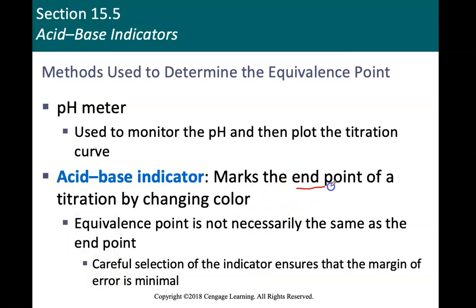Notice that the term endpoint is used when there is a color change, and the equivalence point is used when we're looking at the actual stoichiometric proportions, which we realize when we use a pH meter. So the pH meter really is a much more accurate indicator compared to the color indicator.